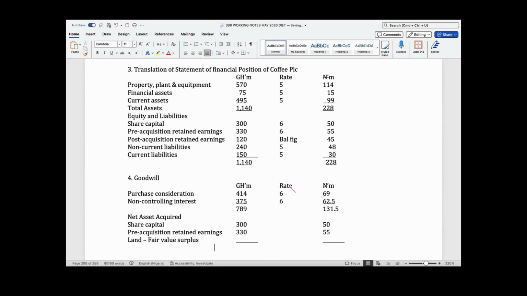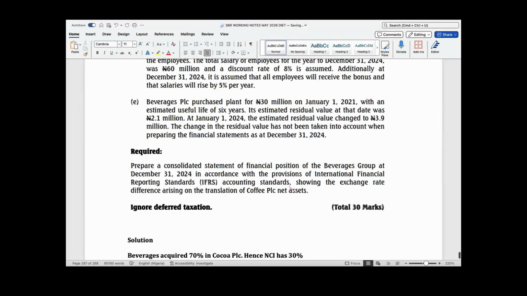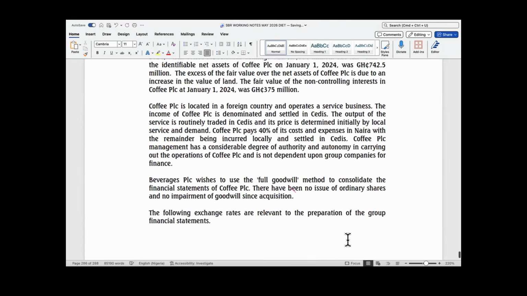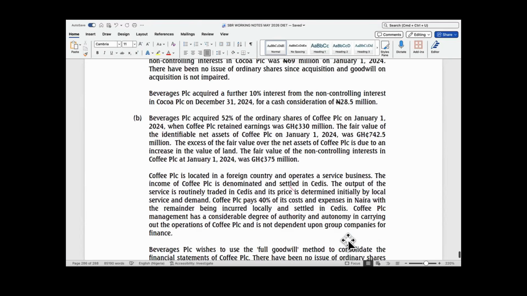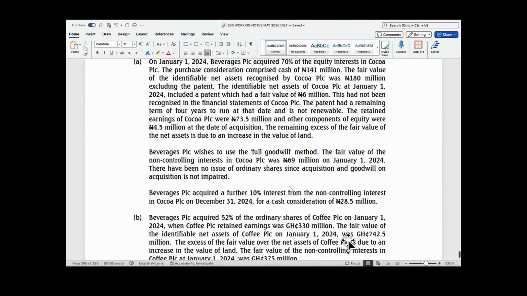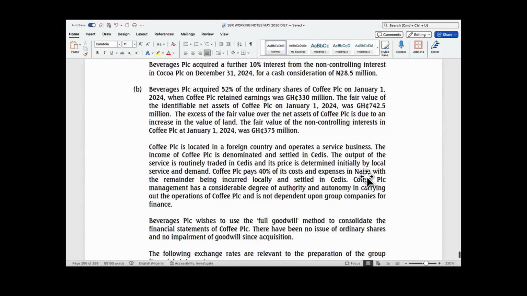So the net assets of this guy, they give me, is it 742 or what? Yeah, 742.5. That's the total net asset acquired, 742.5.